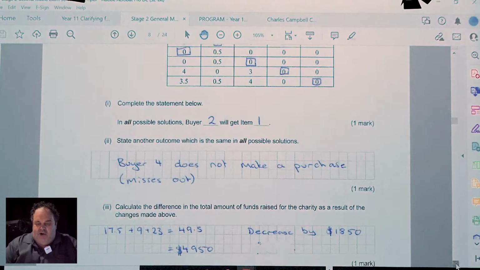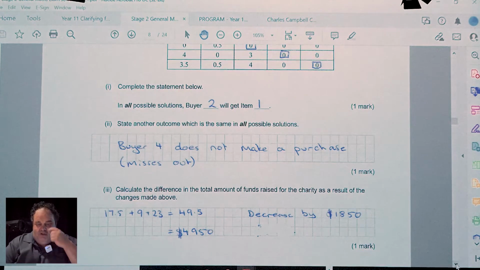For part 3 of this question, it's a little bit misleading. It's 1 mark. So really the mark was given for finding the total amount raised with this new scenario. So they have to go back to the initial table up the top of that page, add the 3 values together and get the 4,950.